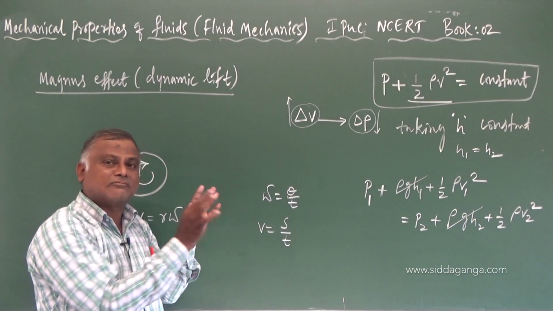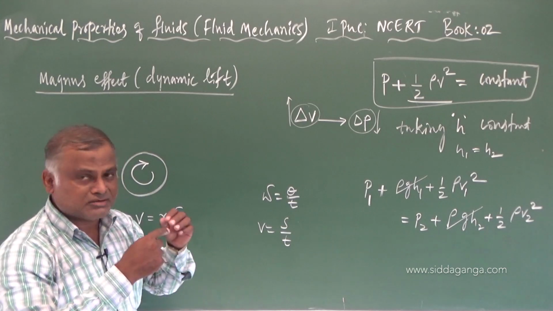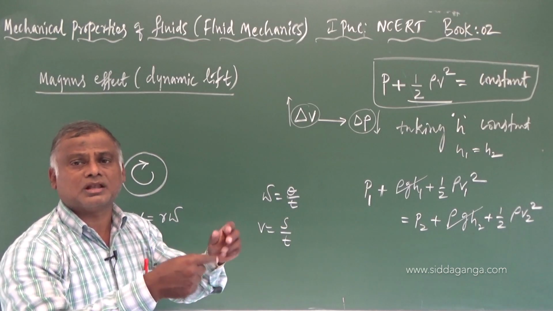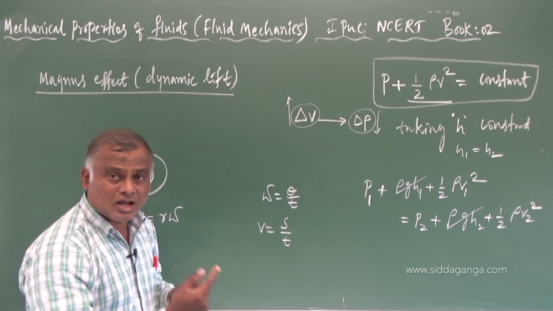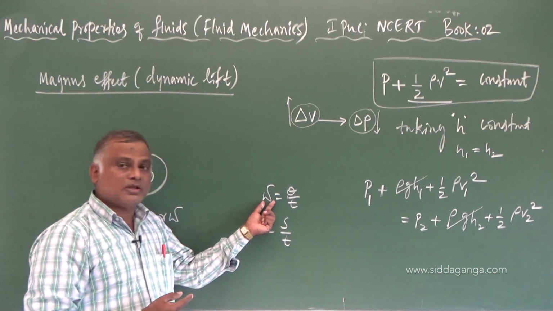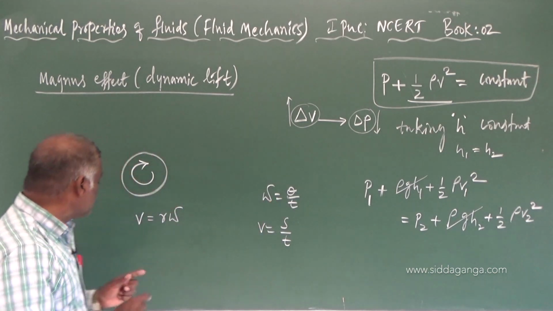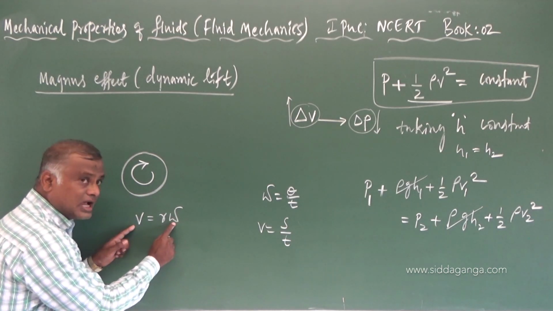That you will learn in detail, my dear students. Whenever you have rotating objects, you have seen many things: the rotating wheel of a bicycle, a rotating fan, electrons revolving. All rotating objects are described with angular speed. So this is linear speed, r is radius, omega is angular speed.